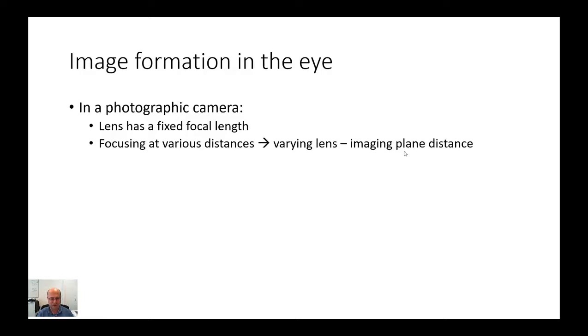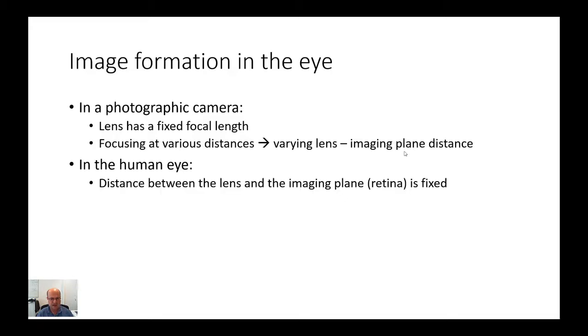We don't change the distance of our lens. On the other hand, the human eye changes the focus by changing the shape of the lens. We don't change the focal distance by changing the location of the lens in our eye. That would be very good if we had it, but we actually change the shape of the lens with these fibers called the ciliary body.